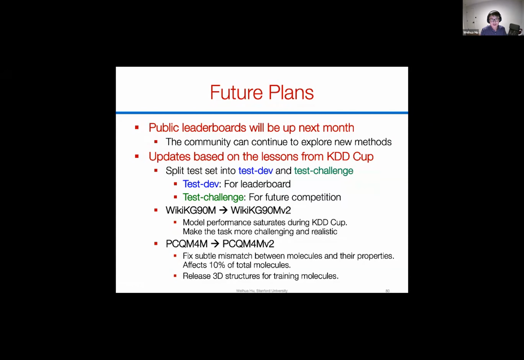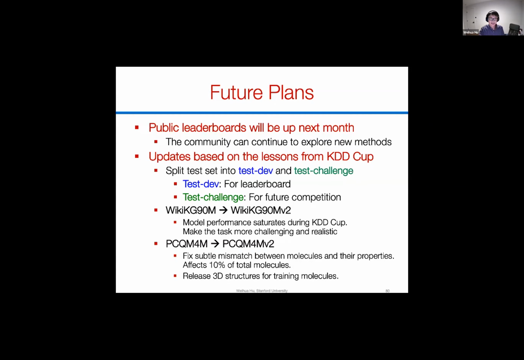We're going to split the test set into two sets, test-dev and test-challenge. Test-dev will be used for our leaderboard, which people can evaluate on a weekly basis, while test-challenge we plan to use for future competitions. People can only touch it at a future competition, if we hold any.